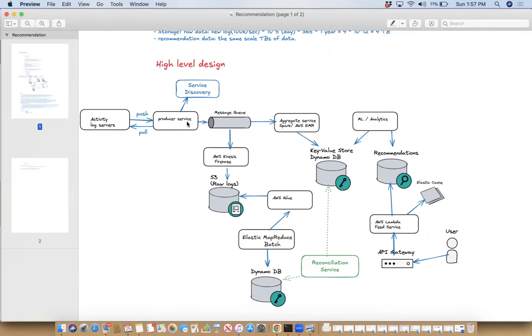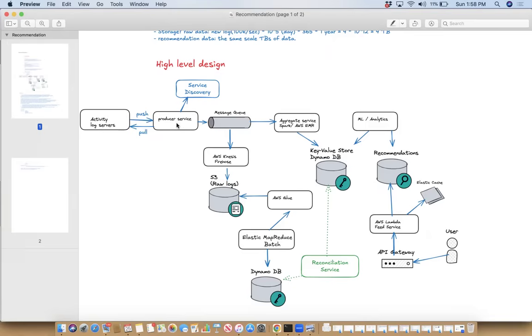Then the producer service will serialize these incoming log messages and put a message in a message queue. And this is all because we want it to scale well, especially on the worker side.